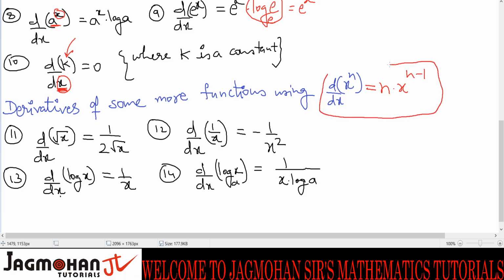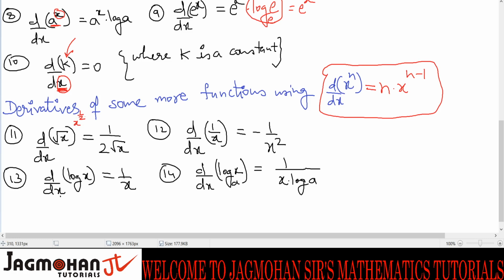result to write the derivative of root of x. Now what does that mean? It means that root of x can also be written as x raised to half, which we have done in 11th standard. As I told you, I am writing all these results just for the sake of revision, so that we can venture into 12th standard derivatives, which is going to be started very soon.